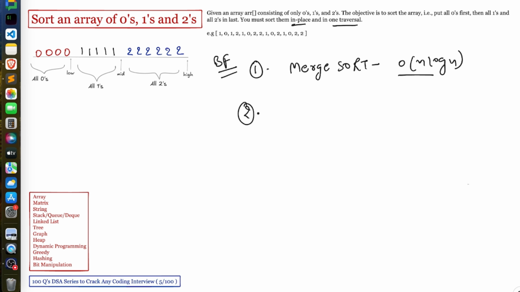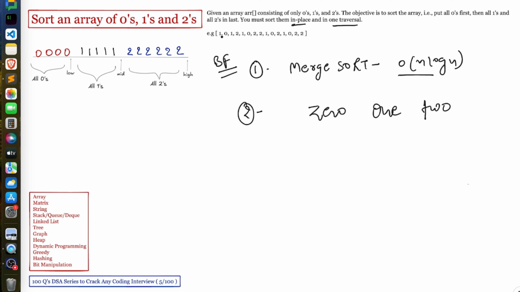Now in the second brute force approach, we can use three variables to store the count of zeros. The second variable can be used to store the count of ones, and the third variable can be used to store the count of twos. Let's say I call them 0, 1, and 2, right?